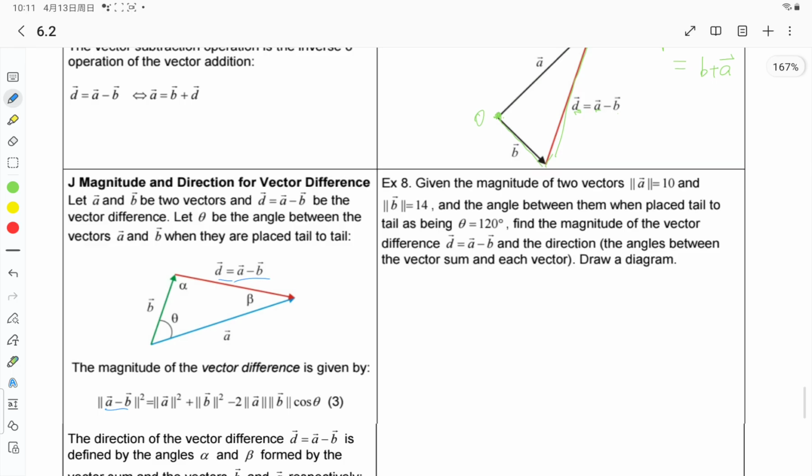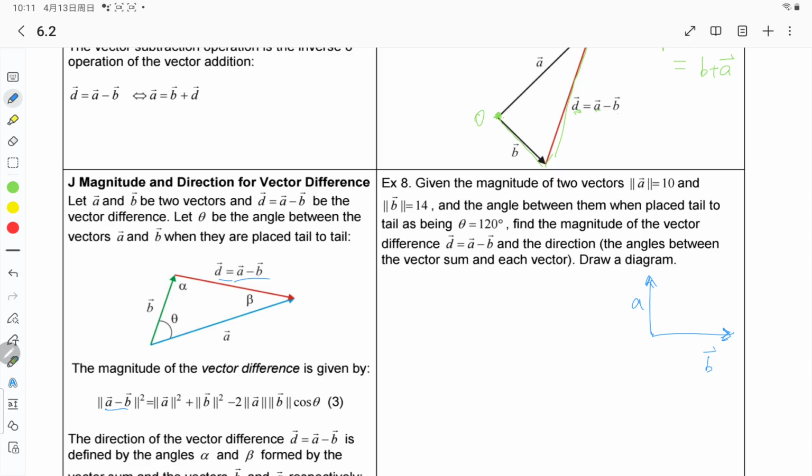Okay, let's see this example 8. Given the magnitudes of two vectors A and B, and the angle between them, placed tail to tail. Okay, tail to tail. Well, this looks like tail to tail, right? The arrow is always outward. A and B. And then find the magnitude of the vector A minus B.